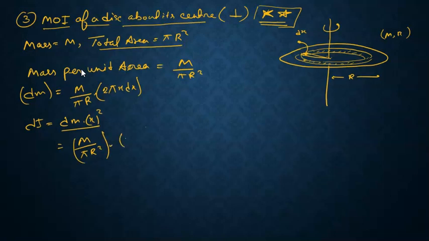into 2 pi x dx into x square, which is equal to 2M by pi r square. Pi cuts out, and we get x cube dx.